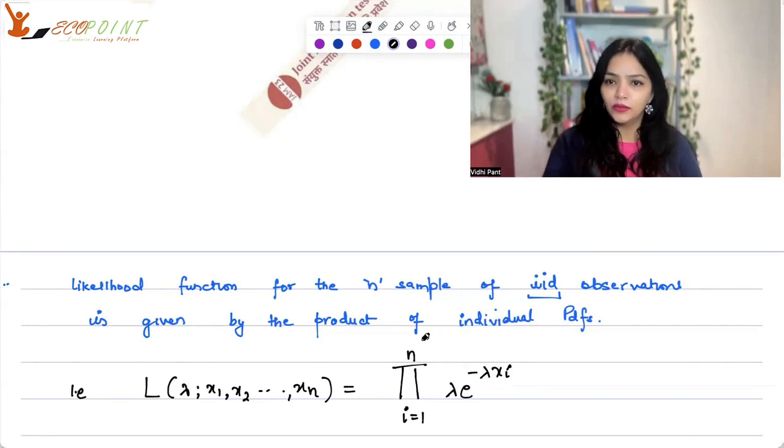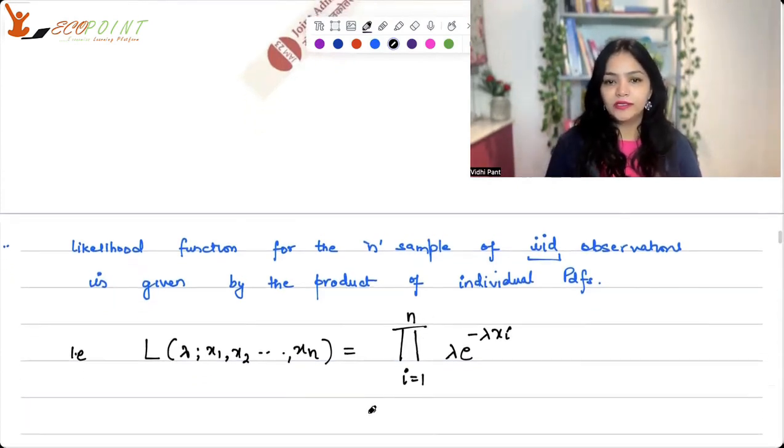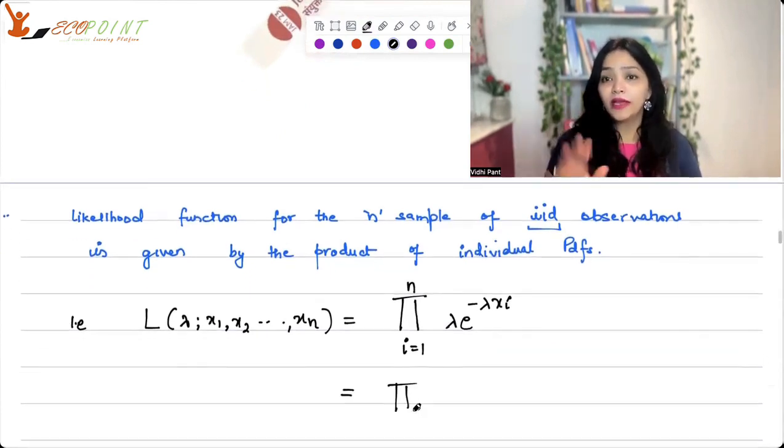That means, when you take x1, you put x1 and then the product with the x2 one and so on and so forth. Since we are given 5 observations, for us this becomes the product with i going from 1 to 5 of lambda e to the power minus lambda xi.